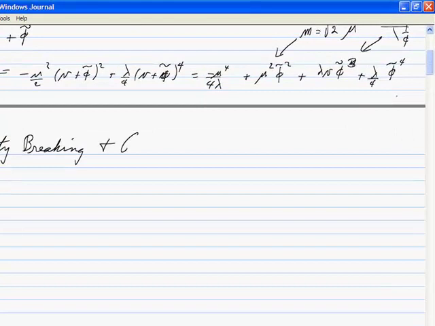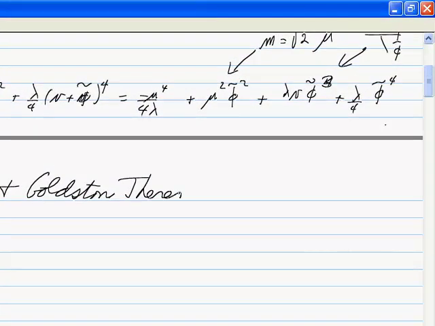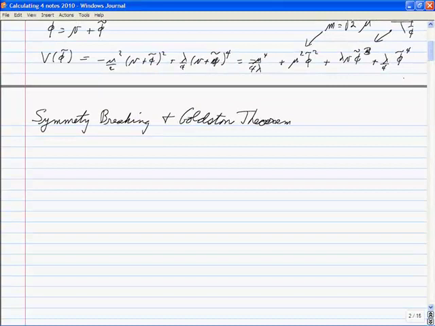And the Goldstone Theorem. Okay, this topic builds on the same thing, except I'm going to make the game a little more complicated.